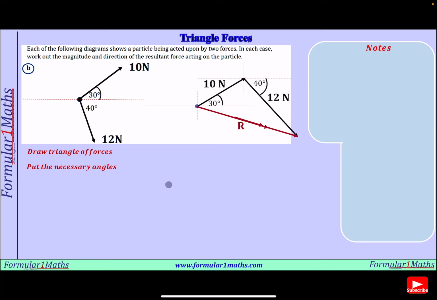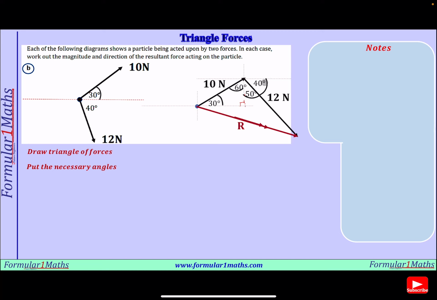Now, we need to find this angle here so that we can use the cosine rule again. As you can see, this angle here is 60. Because if I extend this down, I get 90 degrees here. If that's 90, and this is 30, then that is 60. And that is 50, because this here is 90 degrees.